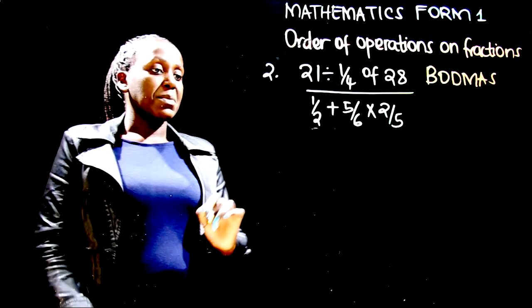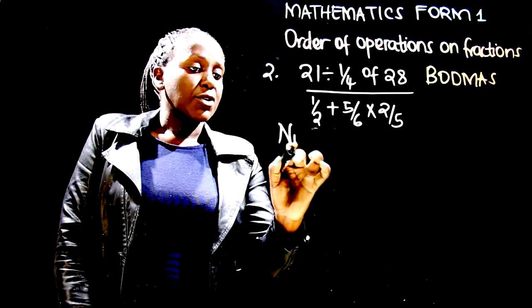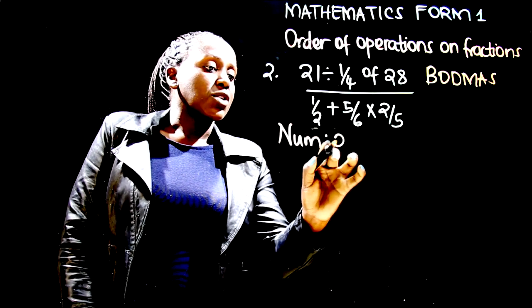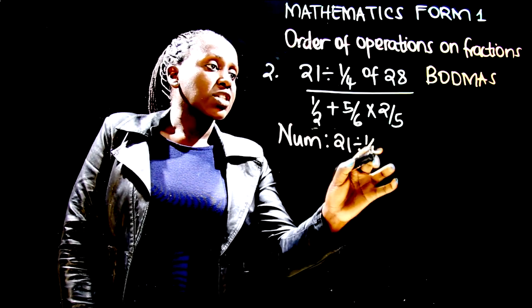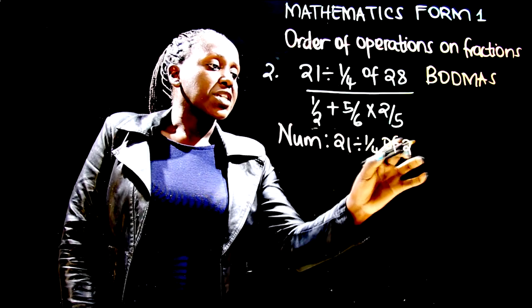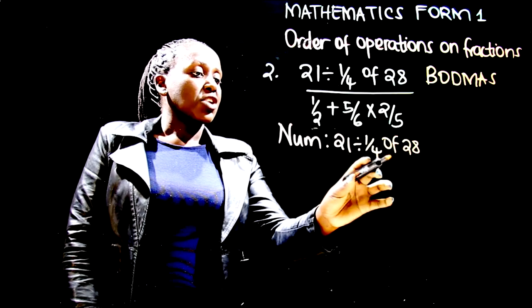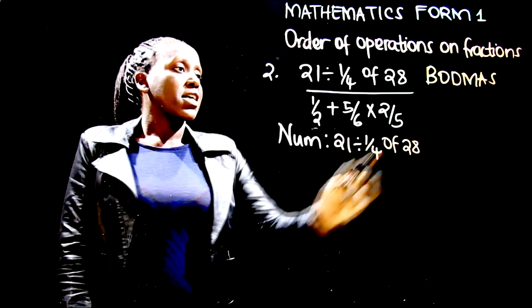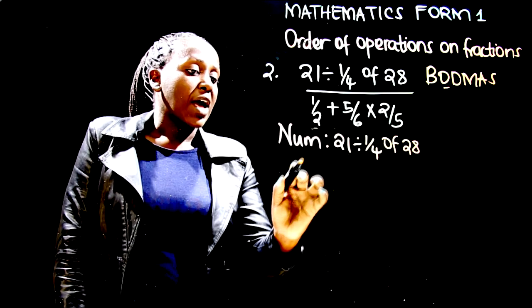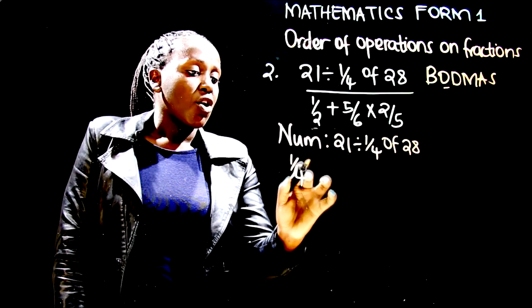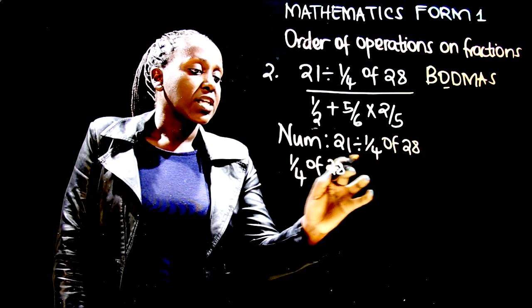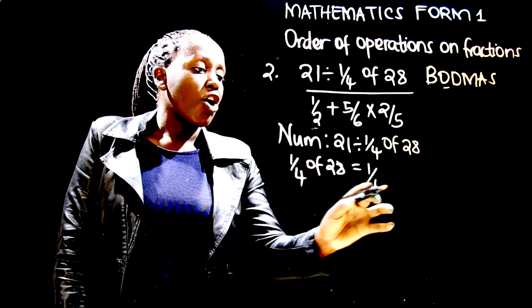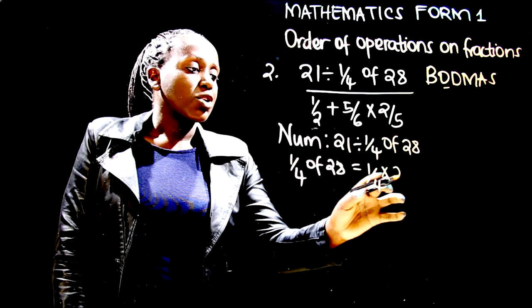So let's start with the numerator. Our numerator is 21 divided by a quarter of 28. Between division and of, which one comes first? It's of. So we have 1 over 4 of 28. Remember, of means you multiply.